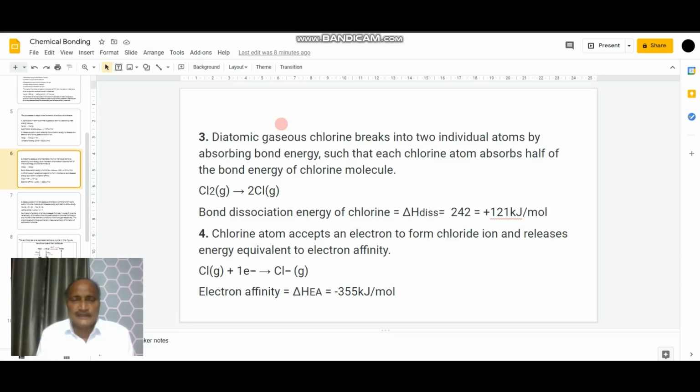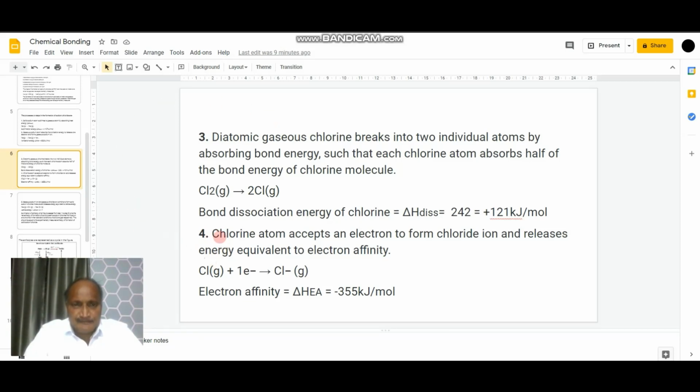Cl2, the chlorine molecule in the gaseous state, is supplied a certain amount of energy to break it down to give two chlorine atoms in the gaseous state. The bond dissociation energy is equal to 242 for the Cl2 molecule, and obviously half of this, that is 121 kilojoules, for a single chlorine atom.